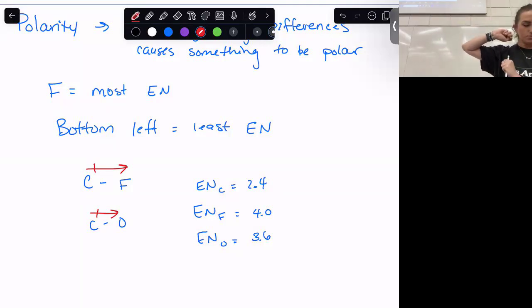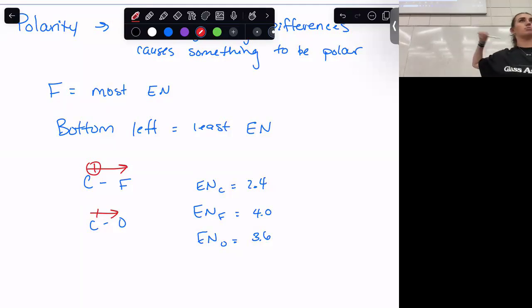The electrons will be more around the fluorine compared to the oxygen because fluorine's more electronegative than oxygen. So you point the arrow towards where the electrons are going to be, and you create that positive sign. If you drew a circle, it looks like a plus sign, a cation, if you will. And so that's where the positive end is going to be, the electropositive side.